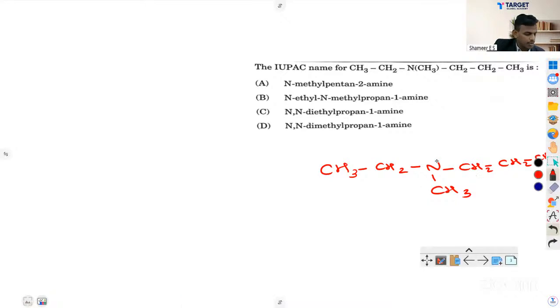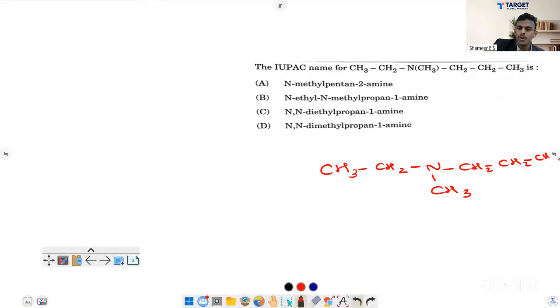What is the name of this compound? Here the nitrogen is connected to a methyl group and an ethyl group. So the correct answer is N-ethyl, N-methyl, 3 carbon, then amine: propane-1-amine. So B is the correct answer.